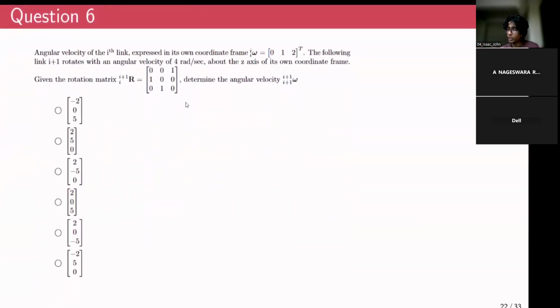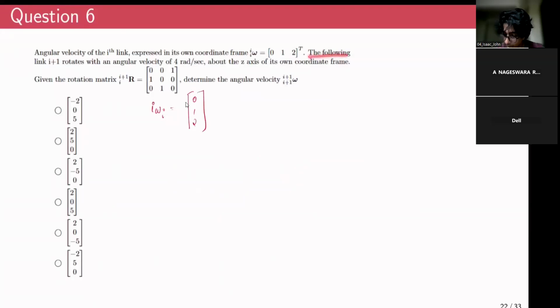And now moving on to question 6. It's a numerical problem. The angular velocity of the ith link expressed in its own coordinate frame is given as 0, 1, 2. So I omega I is given as 0, 1, 2.